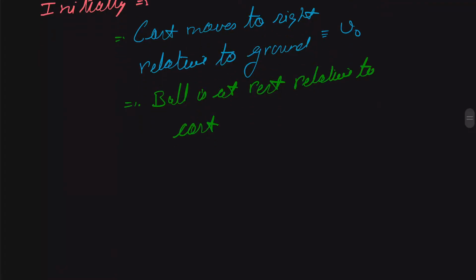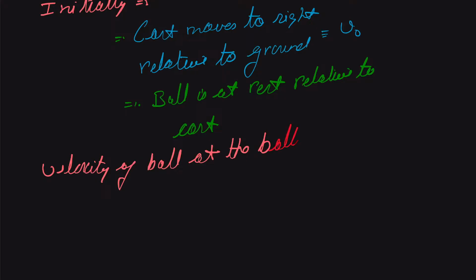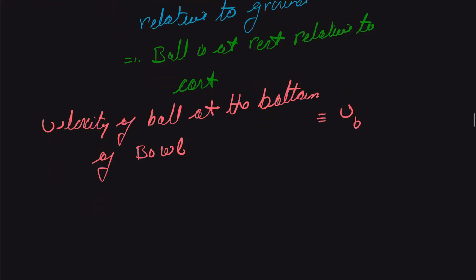So we can write that our velocity of the ball at the bottom of the bowl is given as VB, but that is relative to the cart.